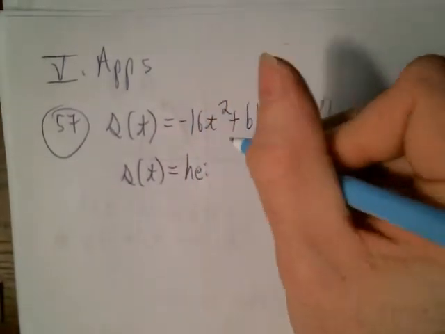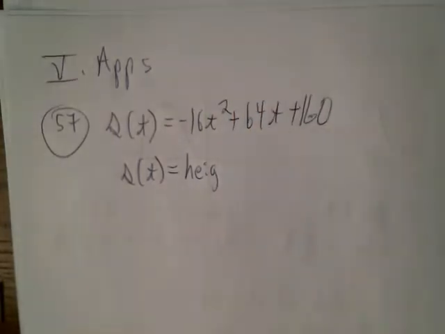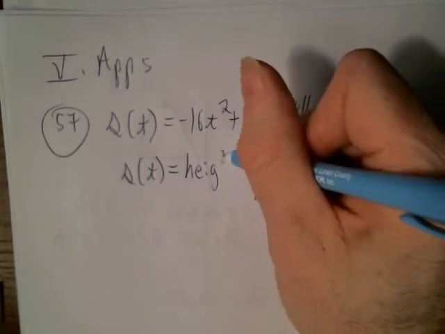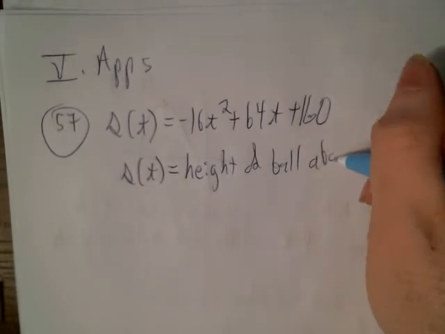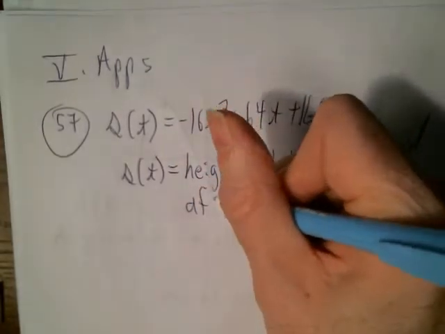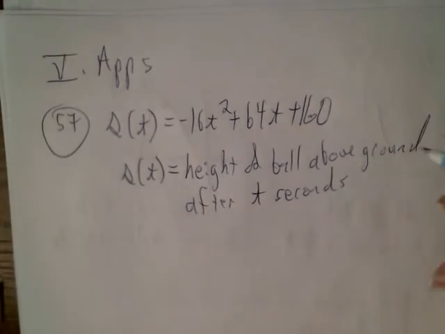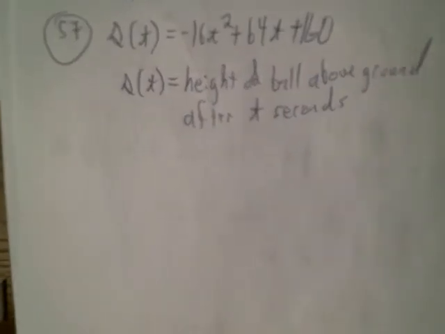So you're throwing a ball, and S of t is telling you the height of the ball above the ground after t seconds. And the height is in feet. Okay. So let's see what they want to know.